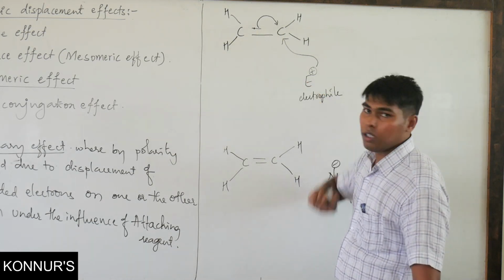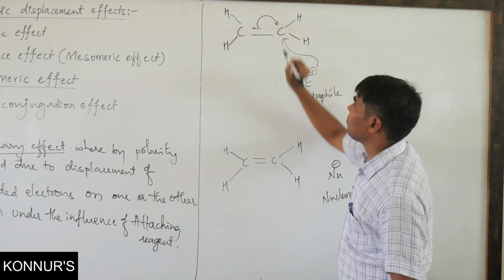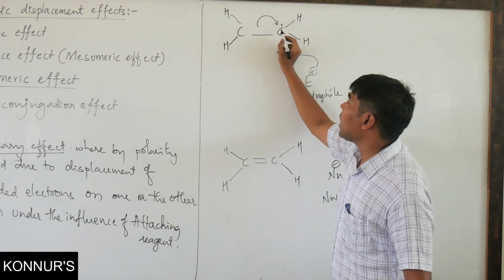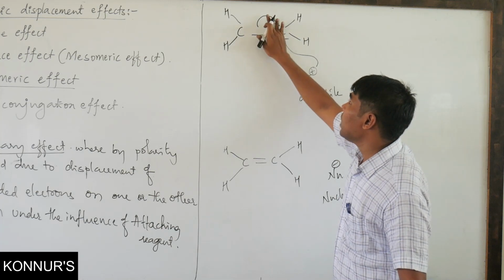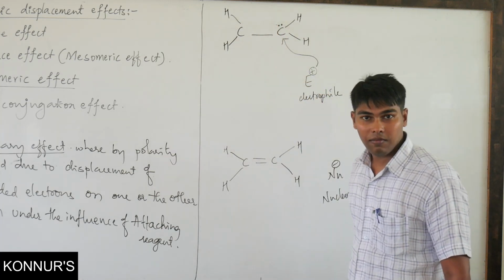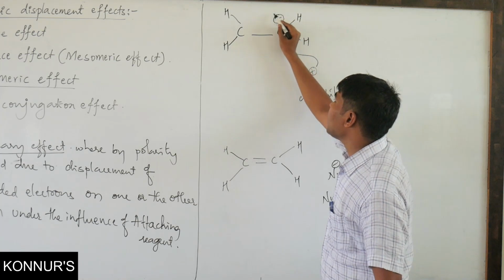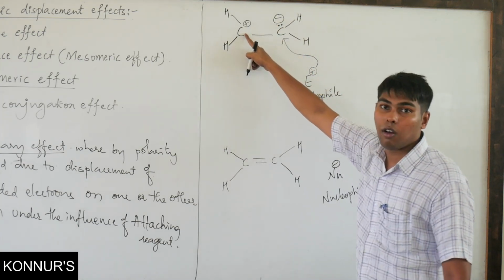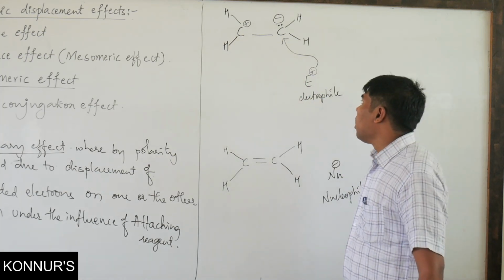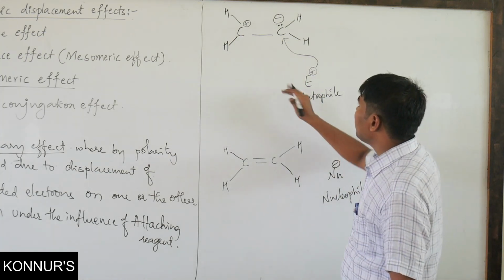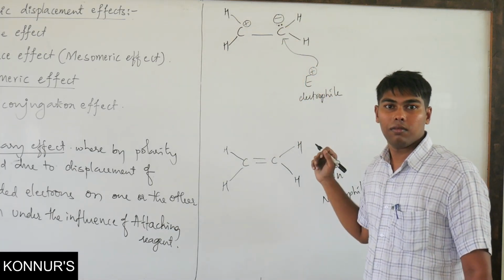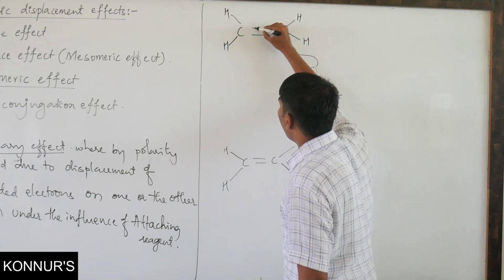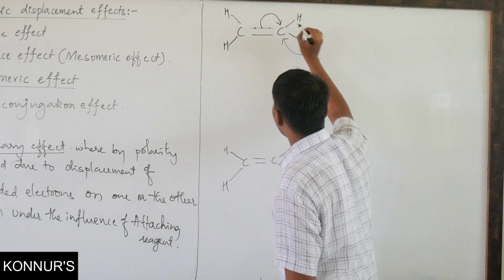The electron of this carbon will remain on that carbon only. This is the electron of this carbon. If it comes, one electron becomes extra, so that this will get a negative charge and this will get a positive charge. So this one electron is extra, coming from this carbon. Now this is the polarity produced, where initially it was like this. Both the bonded electrons come over here.